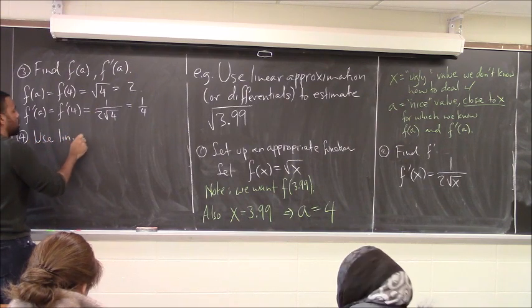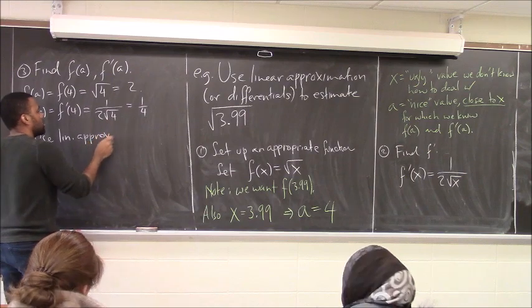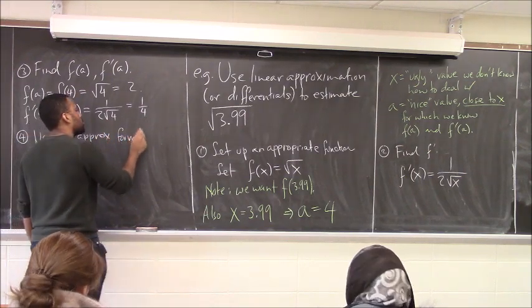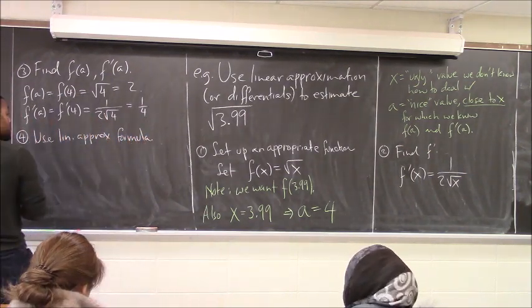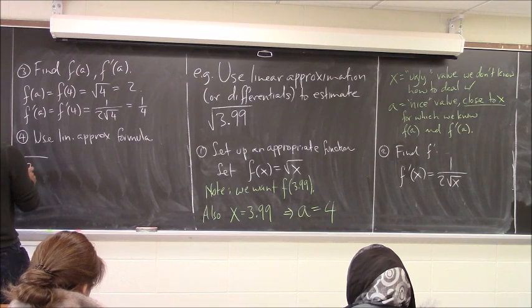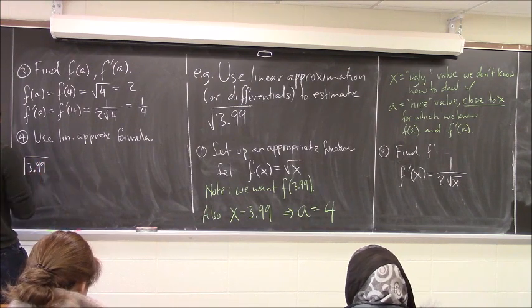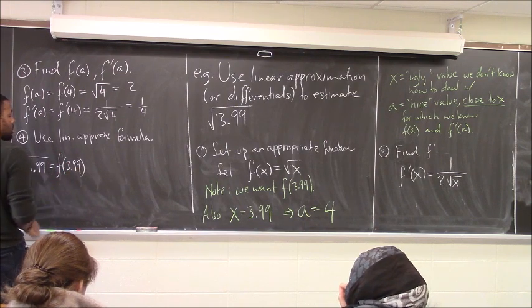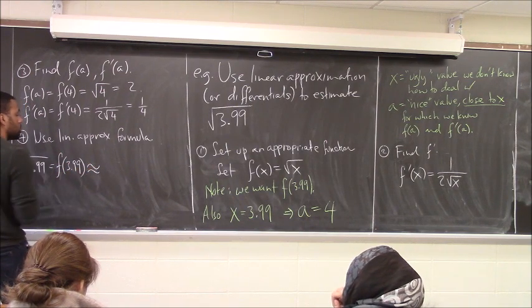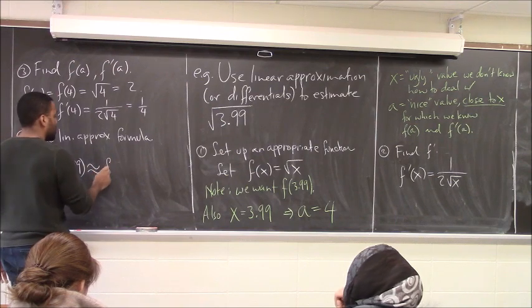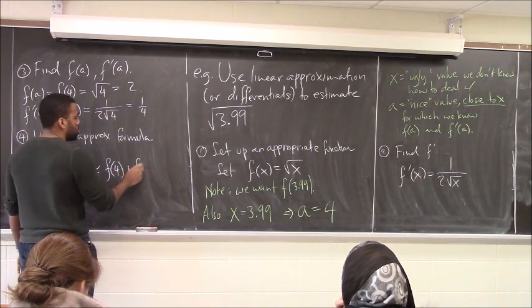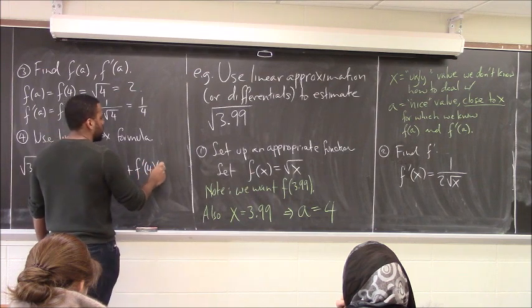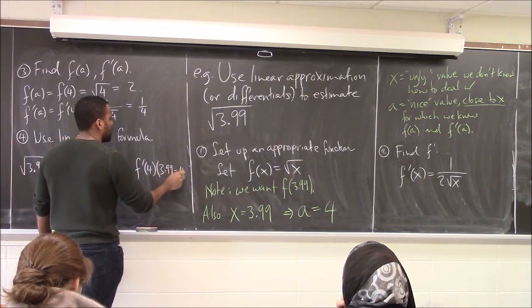Step 4: use the linear approximation formula. So here we can say that the square root of 3.99, that's the thing I care about, is actually just f of 3.99, which is approximately equal to, by the linear approximation formula, f of 4 plus f prime of 4 times 3.99 minus 4.